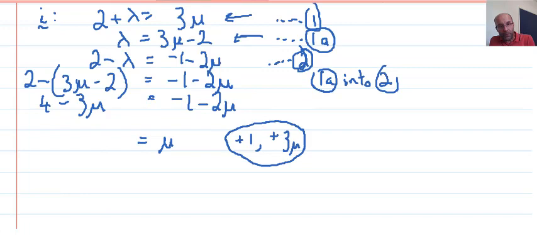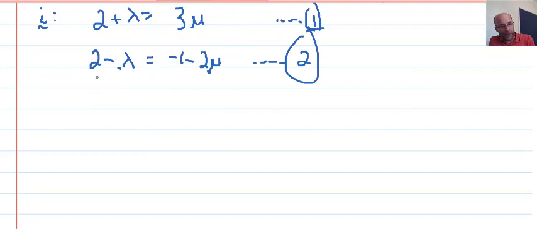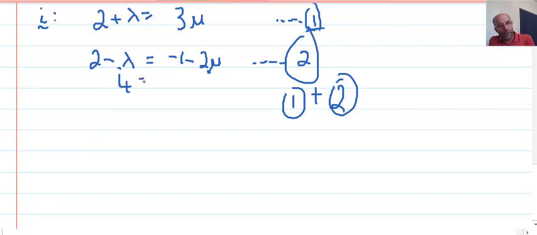So now I'm adding 1 and adding 3 mu to both sides. I've realised an error. I've had to go back a couple of steps. I've reversed a couple of those last lines there. I'm actually just going to go 1 plus 2, and so on the left hand side we'll have 4, and on the right hand side we'll have -1 plus mu.